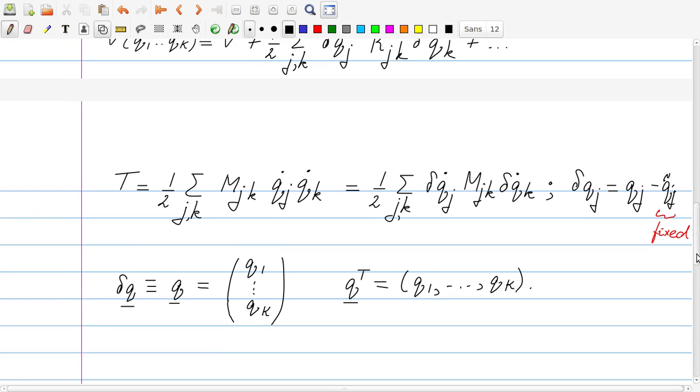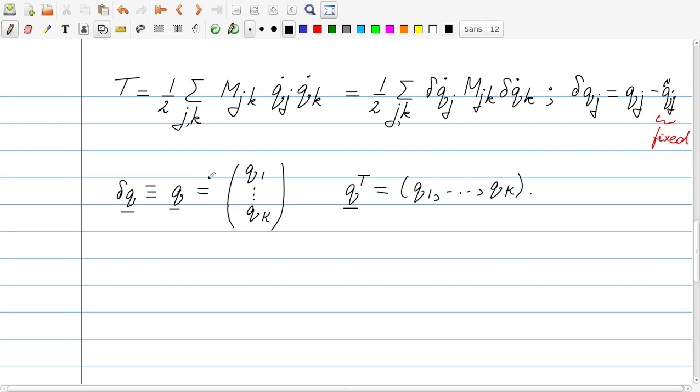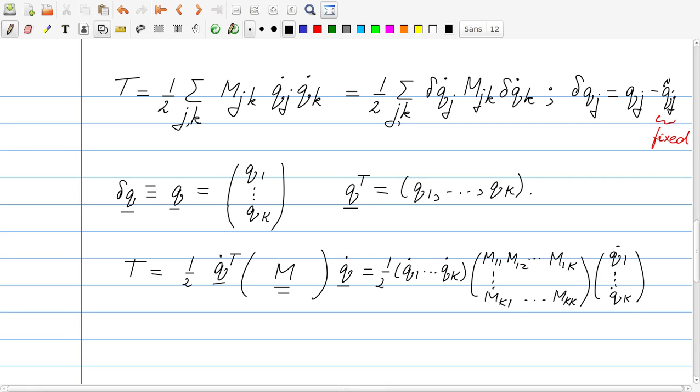And if I have those two definitions, I can write, for example, the kinetic energy in the following form: a half q dot^T M q dot.